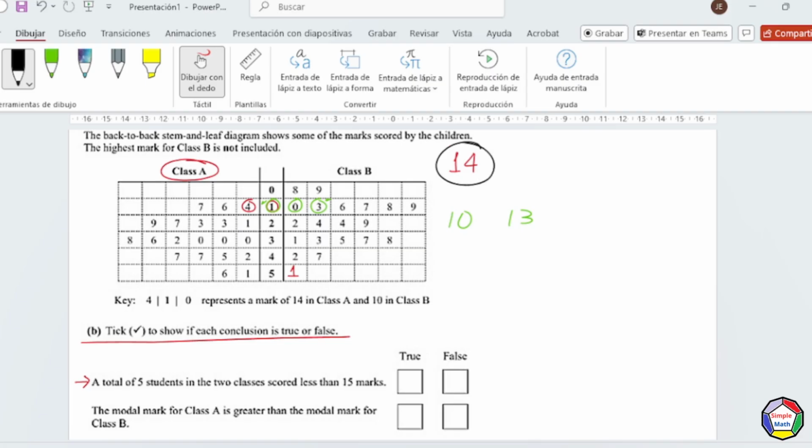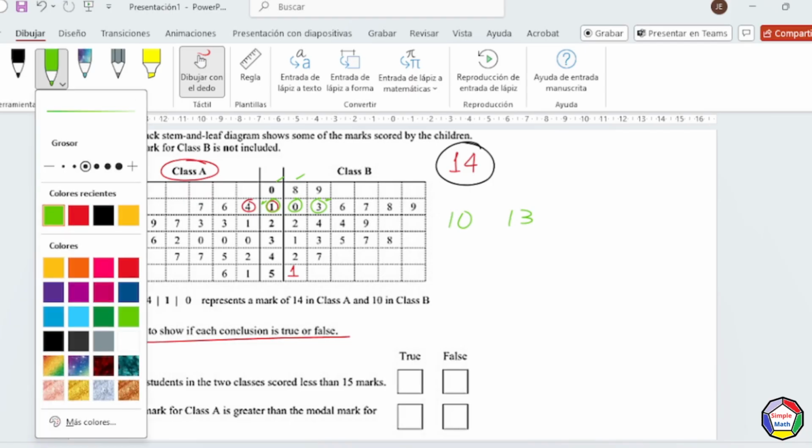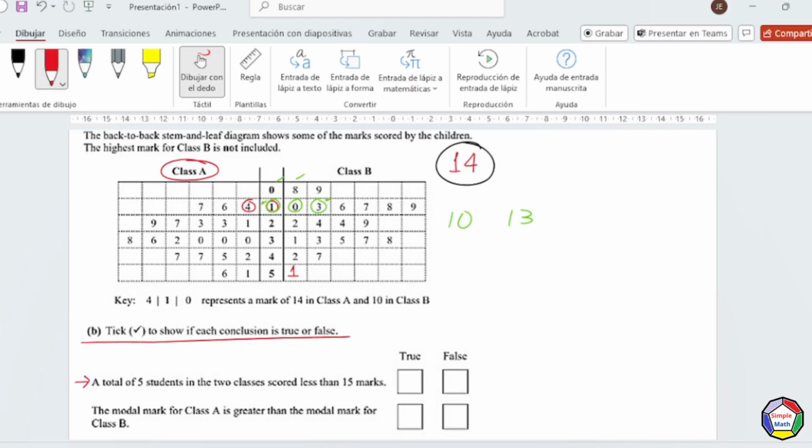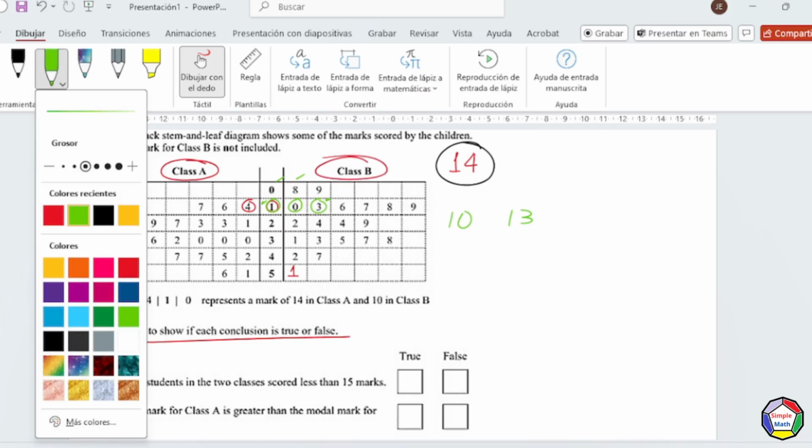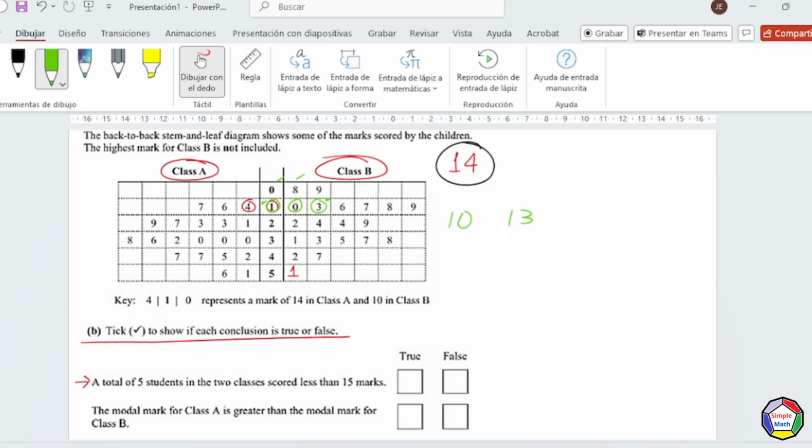And in class B, but look, I'm forgetting something. In class B, in green, we also have 0 and 8 makes the number 8, which is less than 15. And 0 and 9 makes the number 9, which is less than 15.